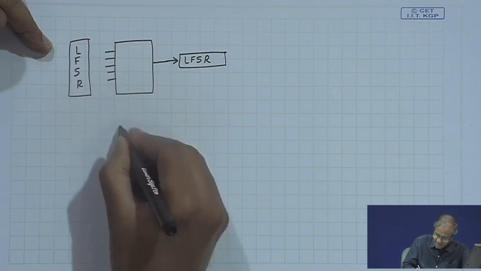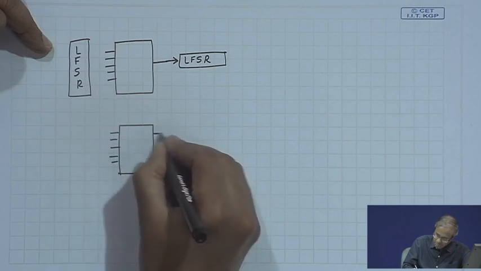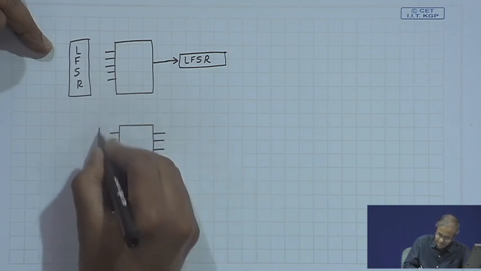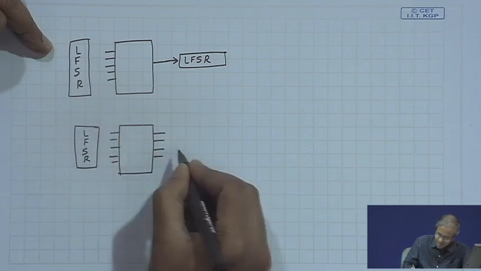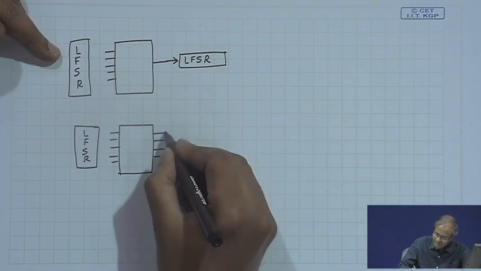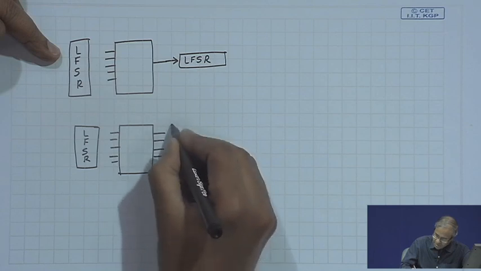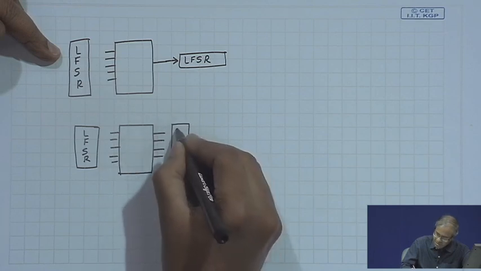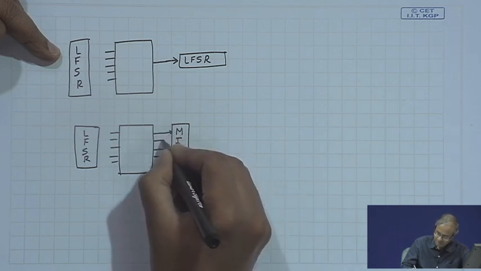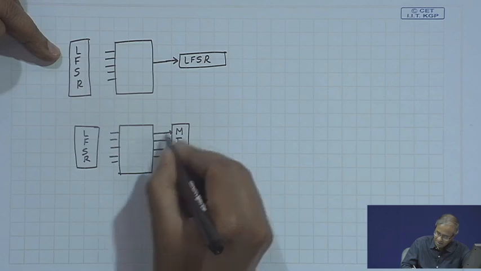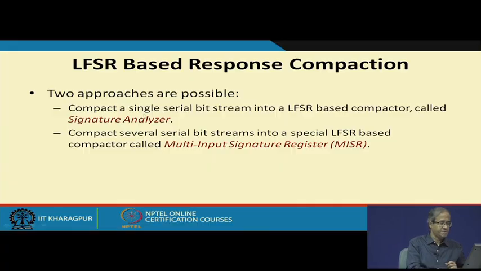But if I have a circuit like this, where there are multiple inputs and also multiple outputs, I can use one such LFSR with every output, but that will be an expensive solution. Rather, I use a special kind of LFSR which can take multiple inputs, a multiple input signature register. So, I compact multiple output data simultaneously. This is the main difference here.